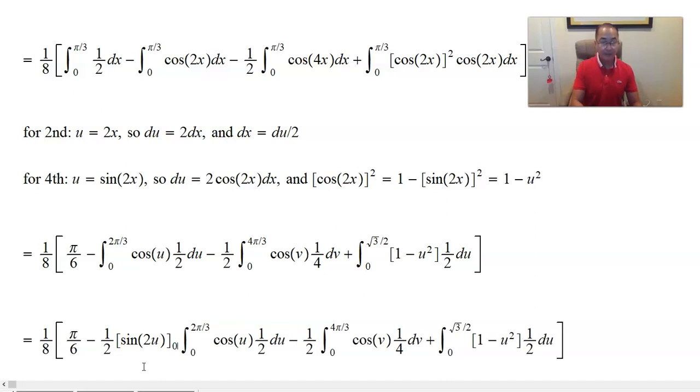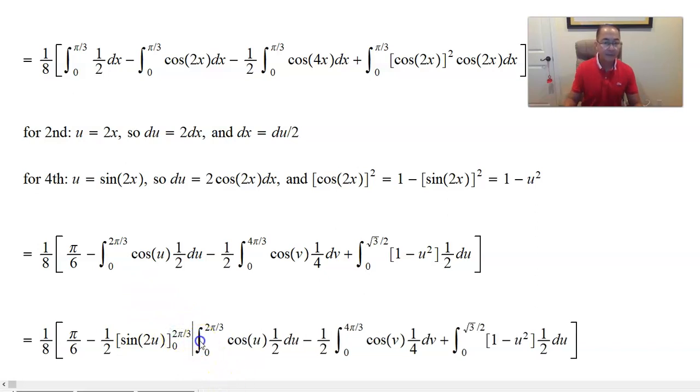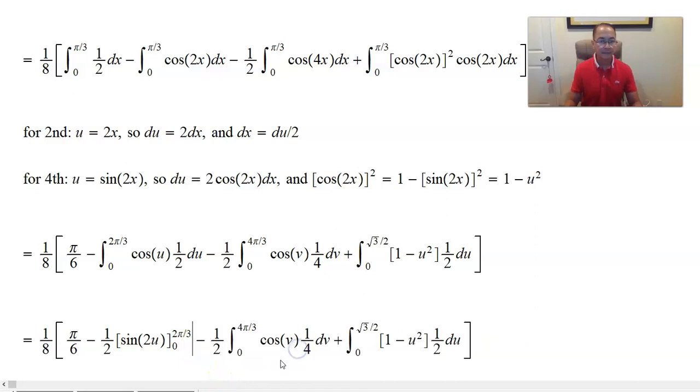And we are integrating from 0 to 2 pi over 3. Okay, let's make sure we got everything. 1/2 goes outside. Integral of cosine is positive sine.